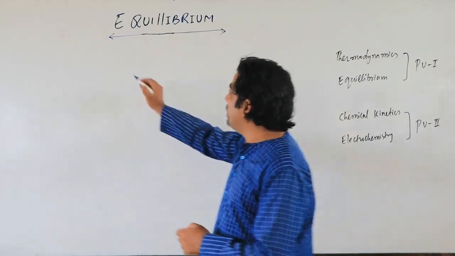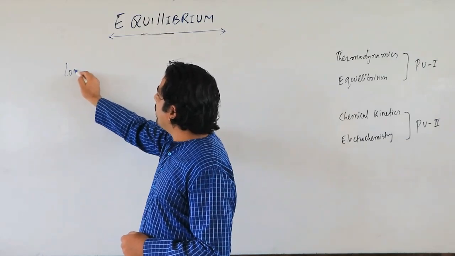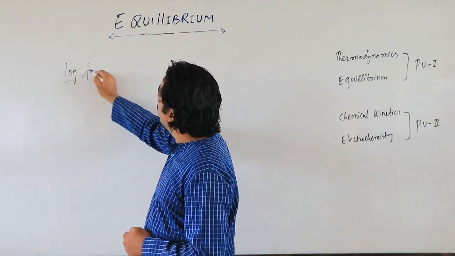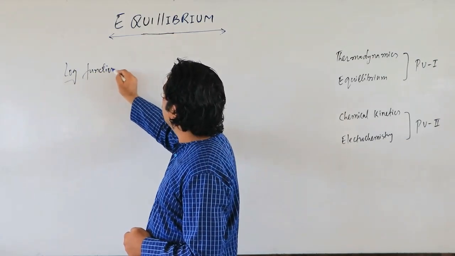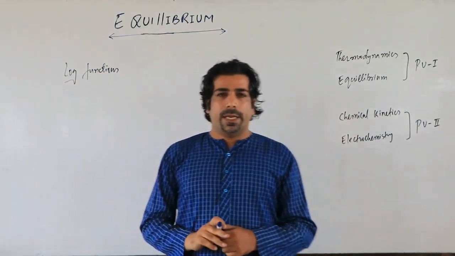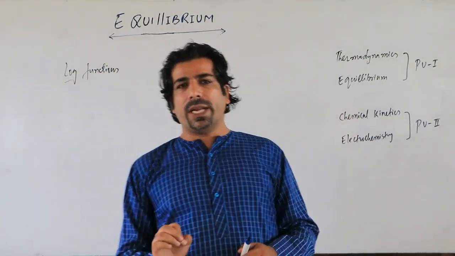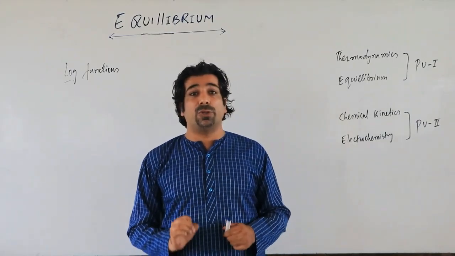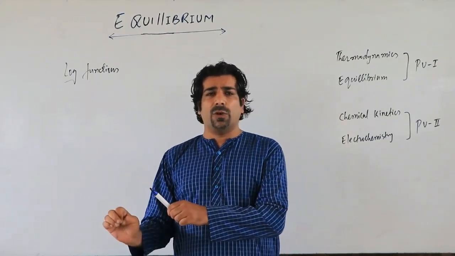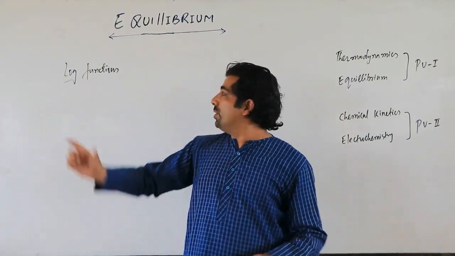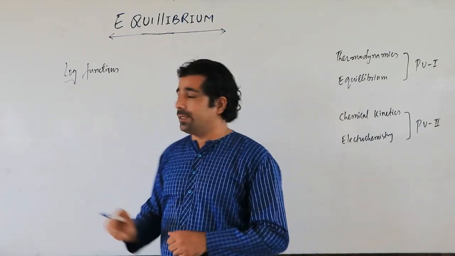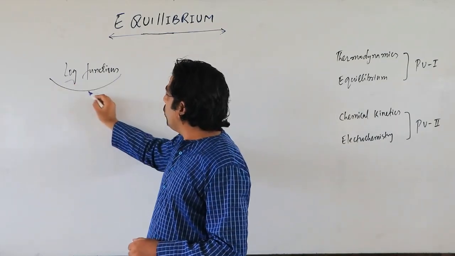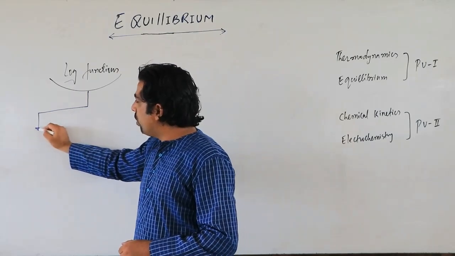So, my dear friends, I will write down here log functions. Correct. Now, what kind of log functions do you have to know? About anti-log we will discuss later, but first of all we will talk about log functions. In chemistry, you have to deal with only two types of log functions.